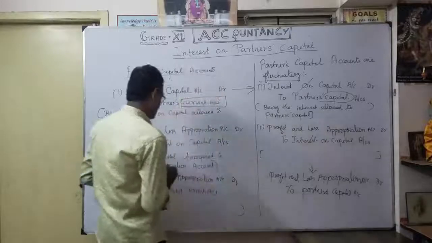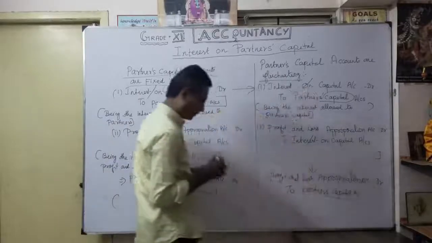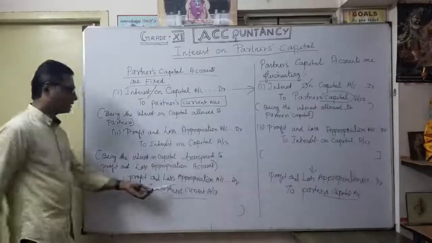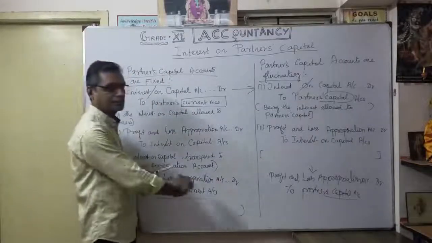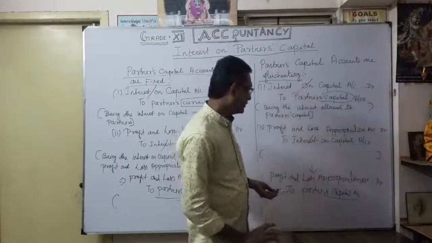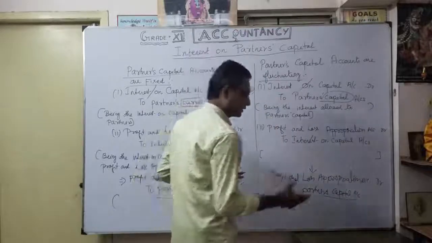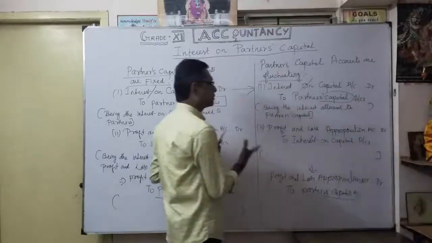Whatever current account I used there, here I use the capital account, and I show the appropriation account. So the profit and loss appropriation account debit to partners' capital account, with the interest on capital in brackets. Understood? So what is my suggestion?